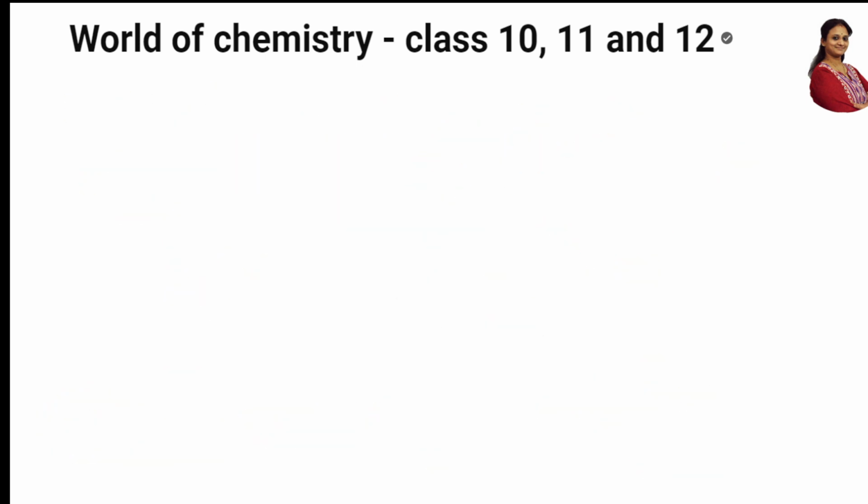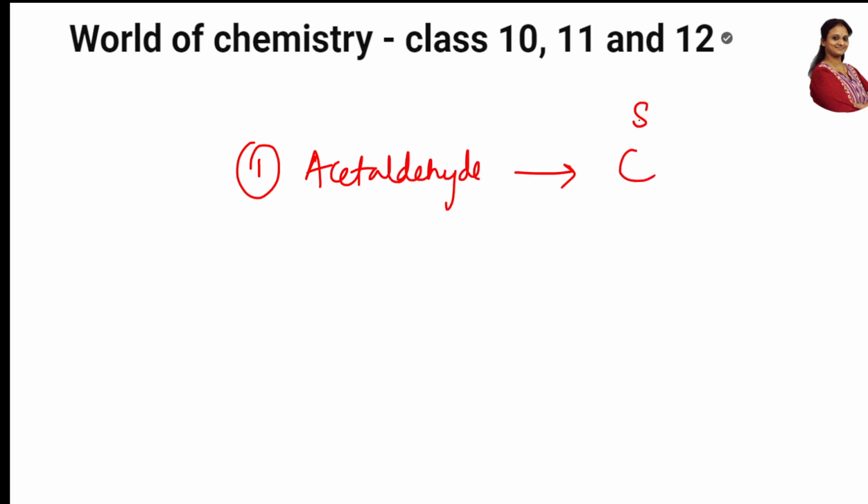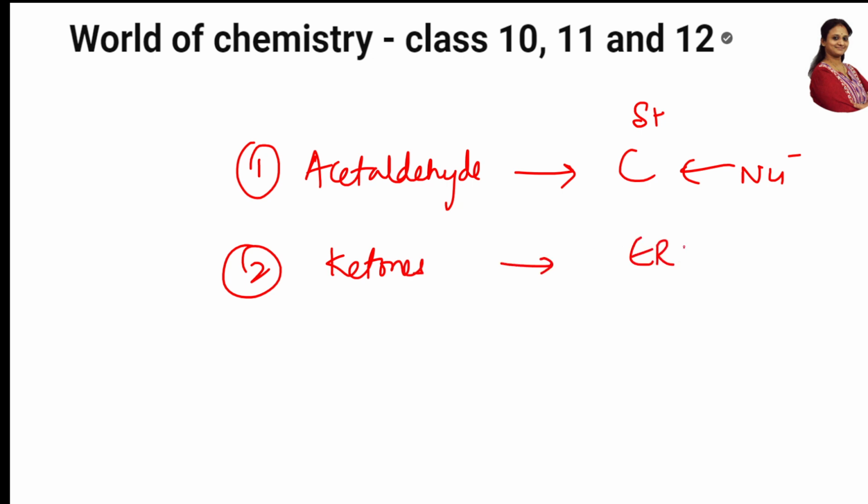Now, next question. This page is blank. So remember once again, acetaldehyde in this case, concept number 1 in aldehydes: carbon has positive charge, hence nucleophile will attack. In the second case, in terms of ketones, electron releasing groups are there. Electron releasing groups are more, so nucleophilic addition reaction is not much encouraged.